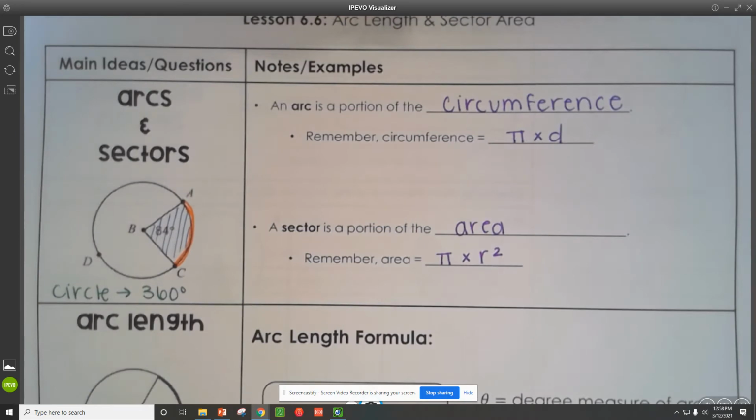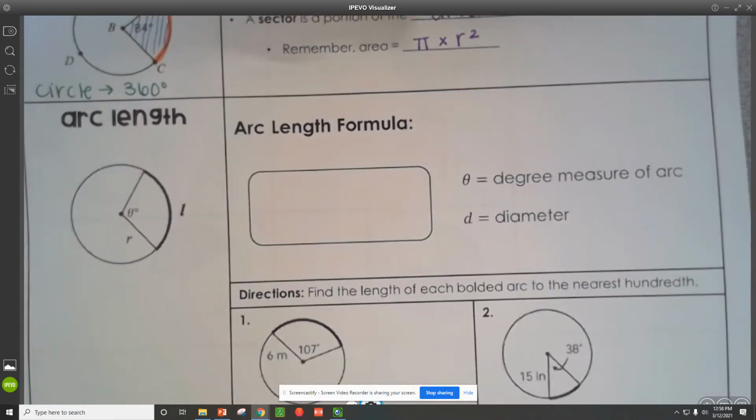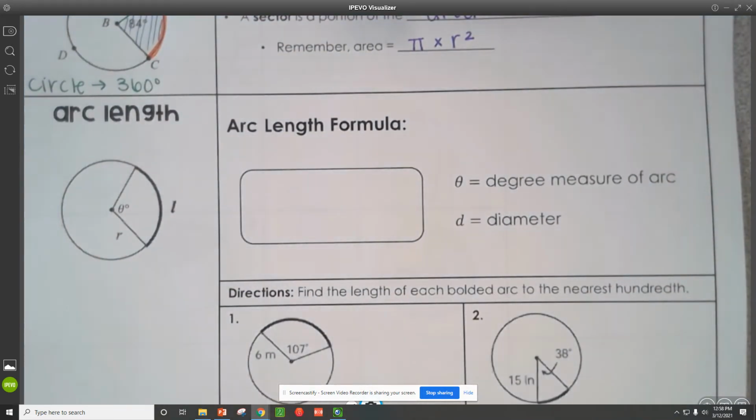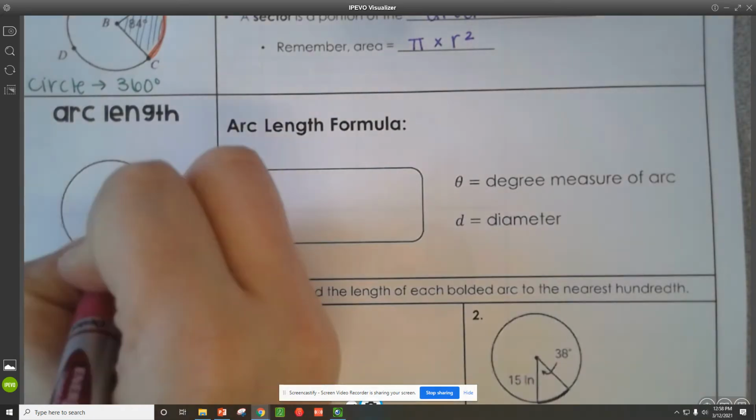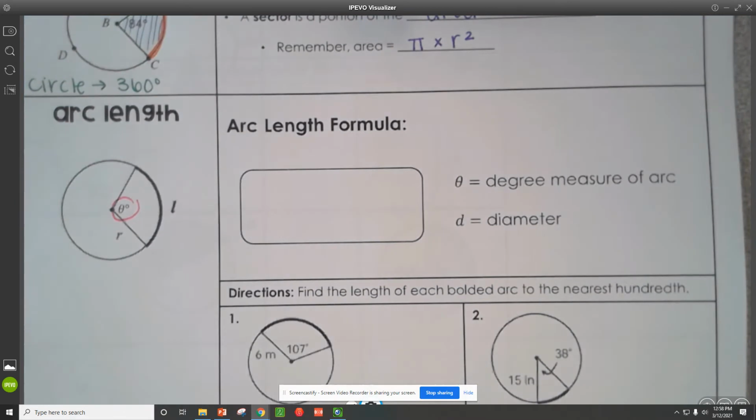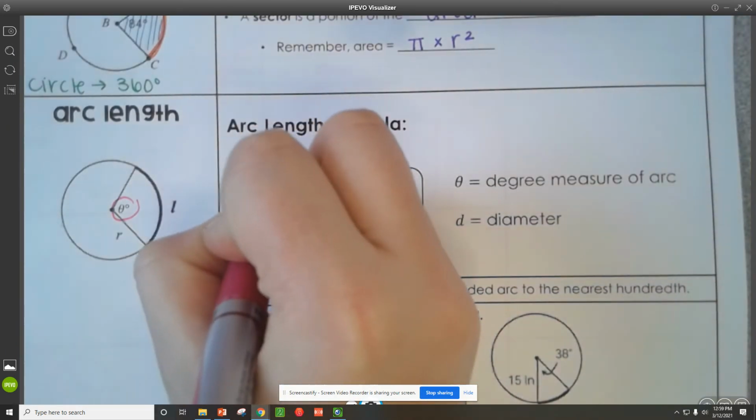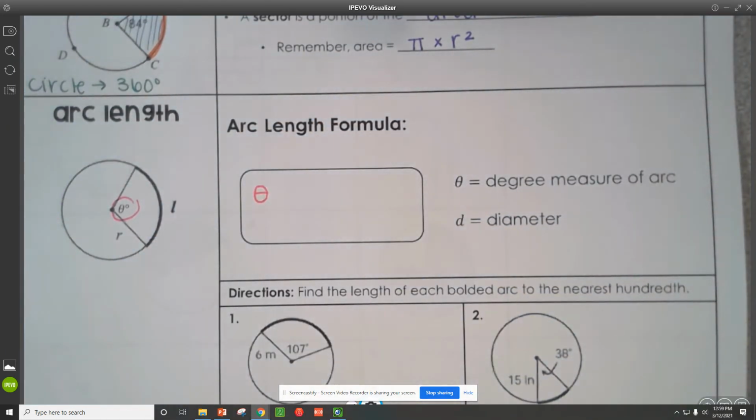So let's talk about finding the length of an arc. Arc length is a percentage or a portion of the overall circumference. And we have to use this angle measure. So the proportion is that angle. That doesn't mean zero, that's theta.